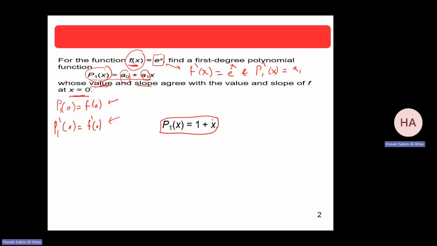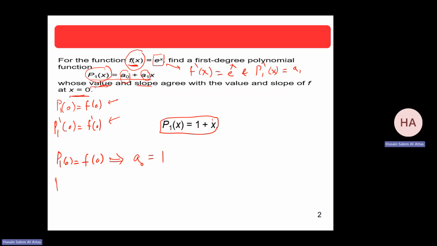It will be A1. Okay. So P1 at 0 equal f of 0. This implies P1 at 0, I have A0, equals f at 0, which is 1.